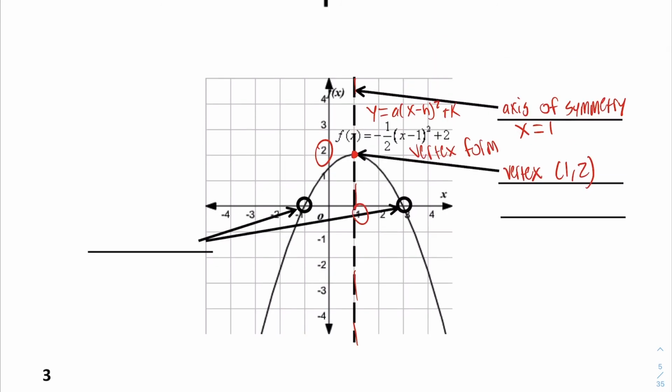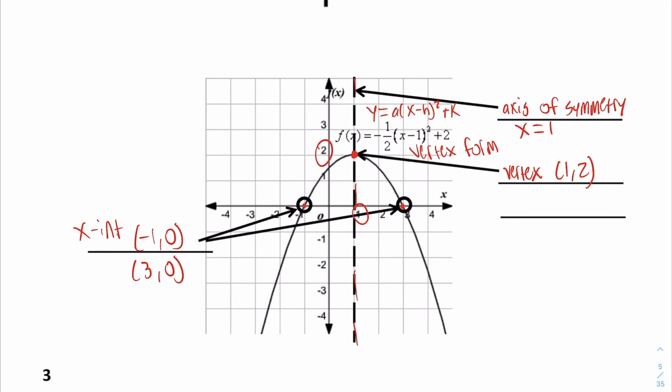Let's label a couple more things, and those are going to be the roots. Let's label this point. This point is at -1, 0, and that's an x-intercept. But then there's also another x-intercept, and this one is at 3, 0.